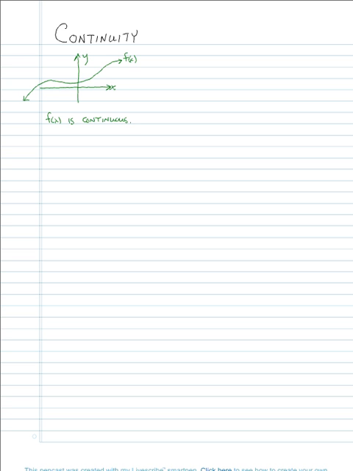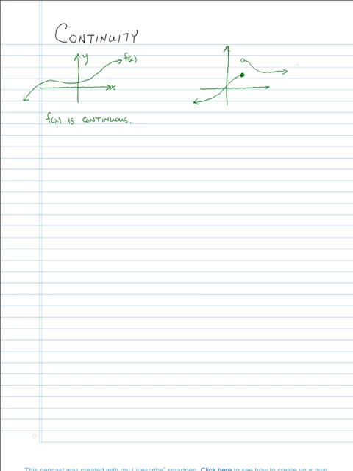Now, on the other hand, if we have a function g and we looked at its graph, and maybe its graph looks something like this. It goes along and then all of a sudden it hits a spot and it ends at that spot, and then it jumps up above and starts someplace else.